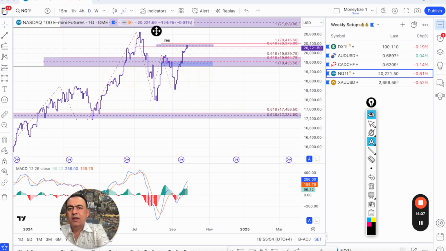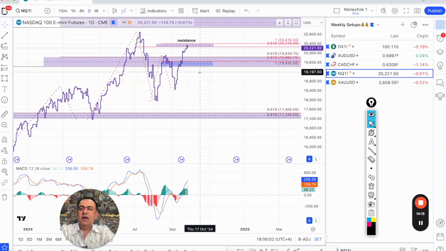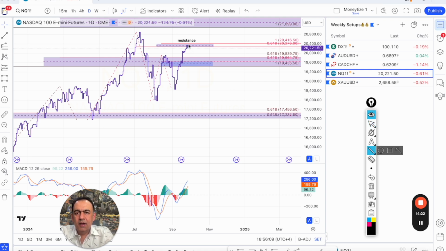So here we are at the resistance level, and I can see that the market has stopped. NASDAQ has stopped exactly inside this resistance zone, and I'm waiting for the pullback, so that the pullback can be bought because the higher time frame is still bullish.